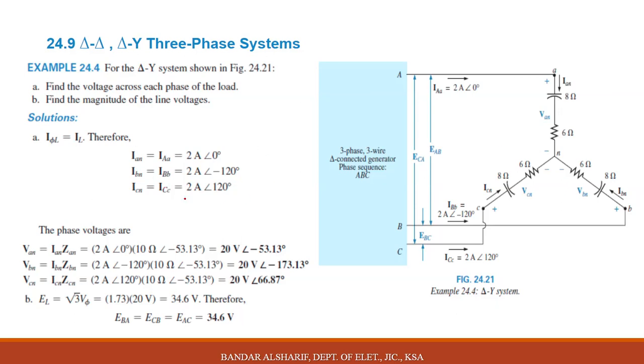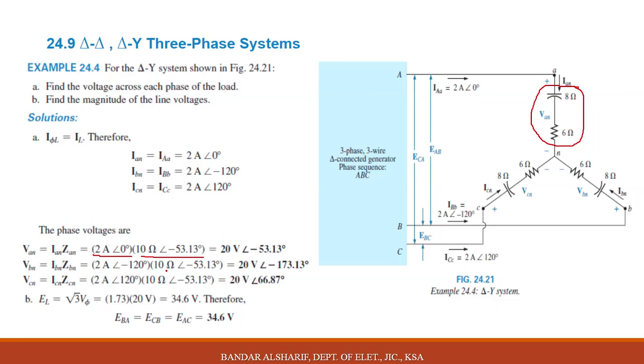We multiply the value of the phase current with the impedance, 6 ohm minus j8 since it is a capacitor, which gives 10 ohm in phasor form, 10 ohm angle minus 53. You will find the answer 20 angle minus 53.